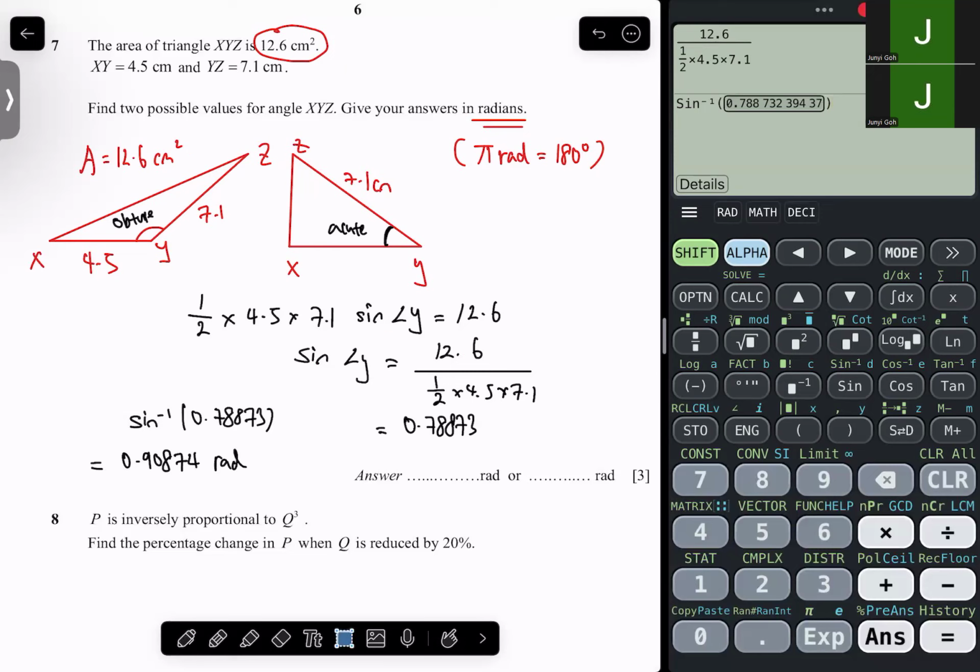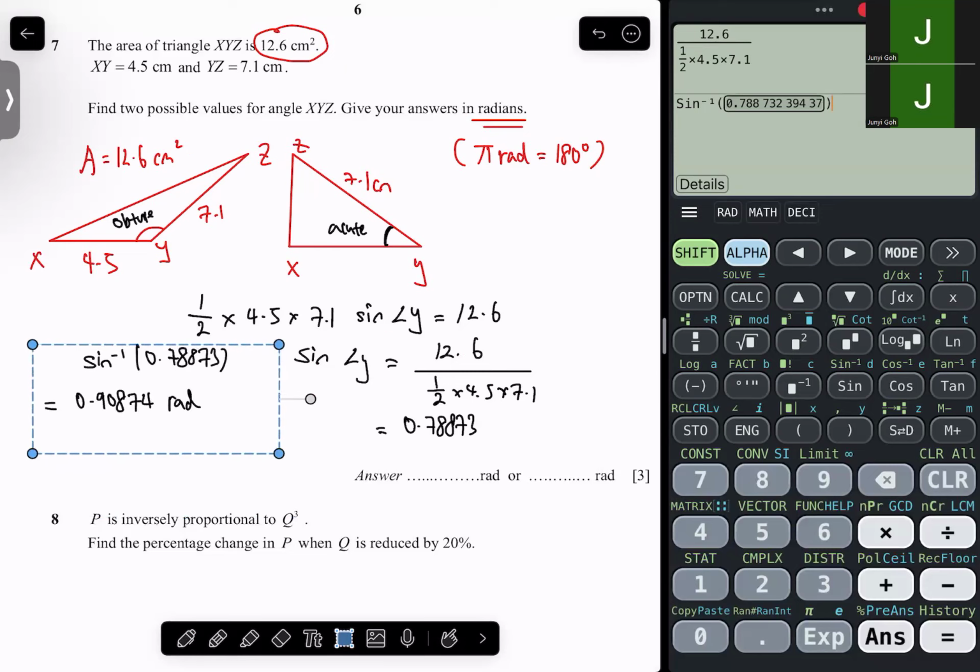Now, that's not my only answer, because angle Y has the possibility of being an acute angle or an obtuse angle. But the calculator will only show us the acute side.